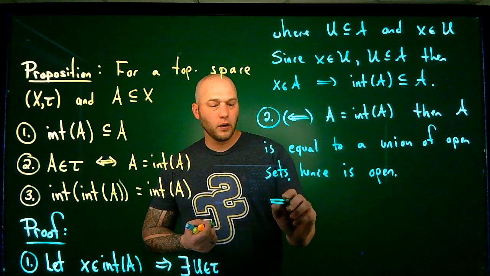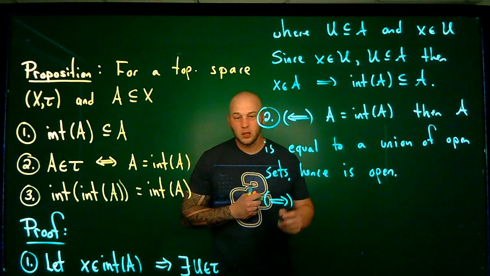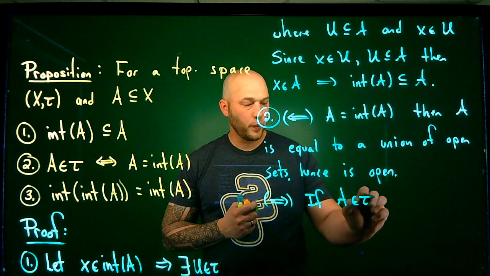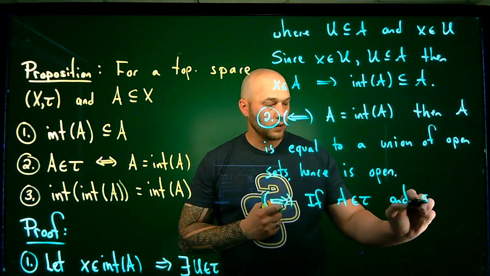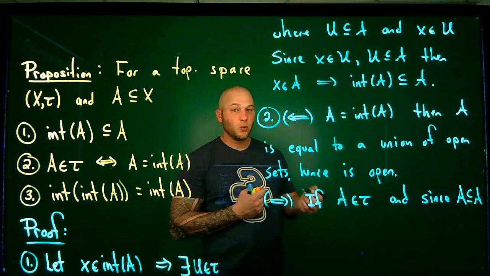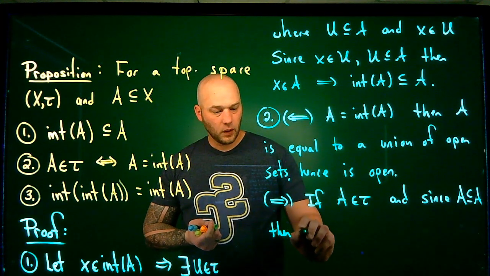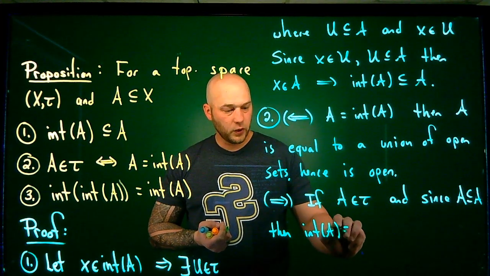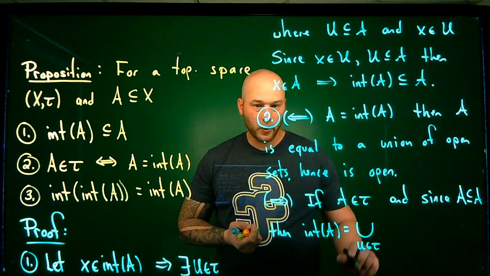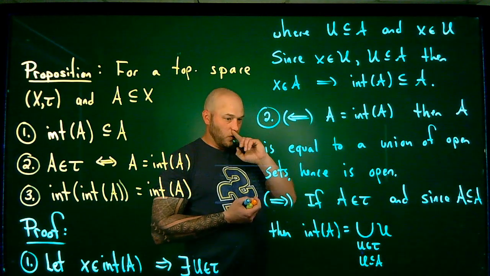Now let's prove the other statement. If A is open, then A is equal to the interior. Well, if A is open, and since clearly A is a subset of A, so A is one of the possible open subsets, then the interior of A, which is equal to the union where U is an element of the open sets and U is a subset of A, is a union of all these open sets.